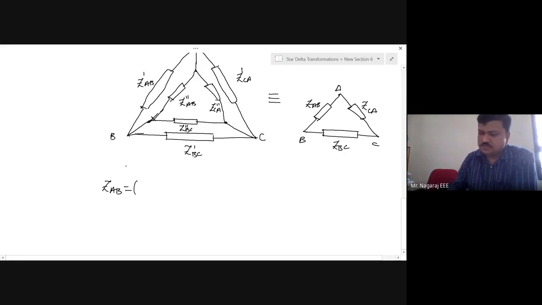So ZAB dash is 5.33, sorry, it is 22 minus J10. Is it? Oh, it's okay, no issues. 5.33 plus J2 in parallel with 22 minus J10.